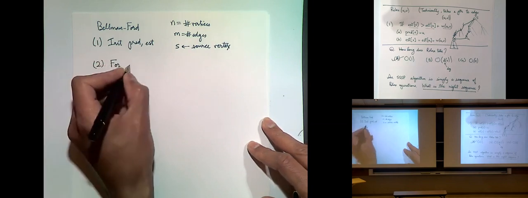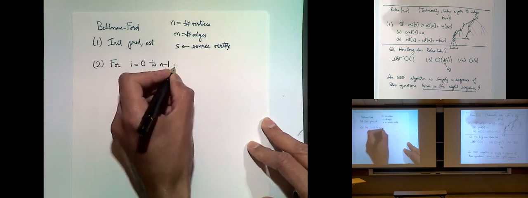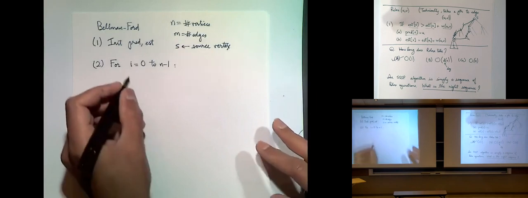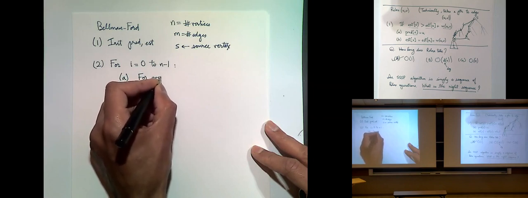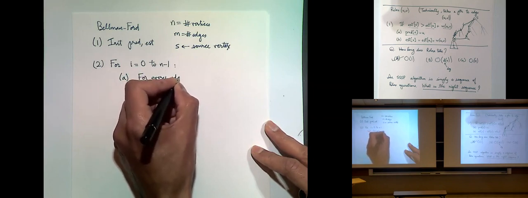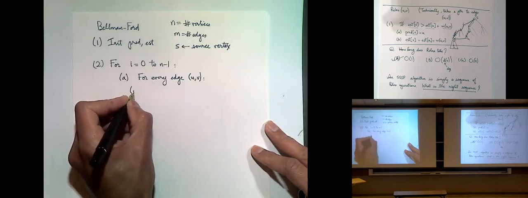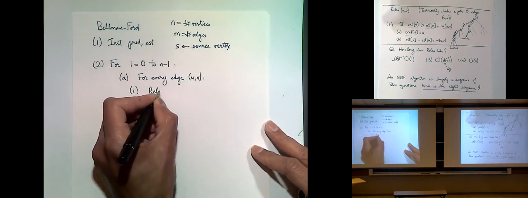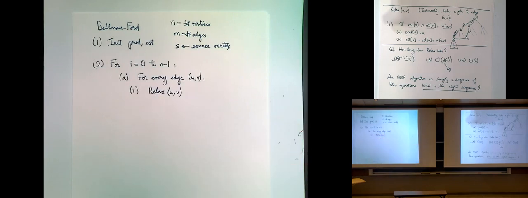Then, quite simply, for i going from 0 to n minus 1, so I'm just saying n times, for every edge uv, I call the relax operation on uv. And that's it. That's the algorithm.